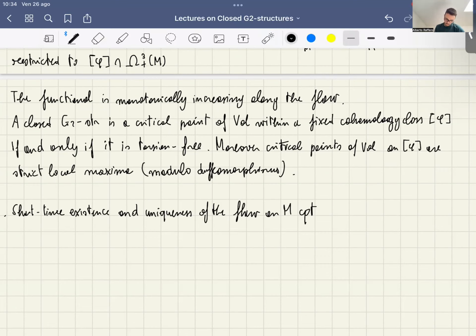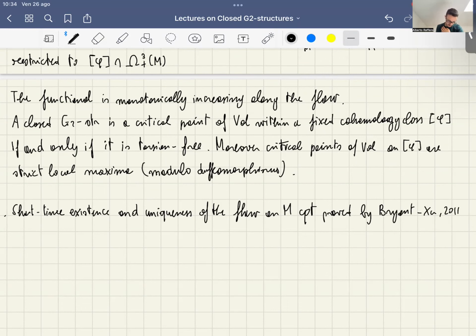So this result, the short-time existence and uniqueness, was proved by Bryant and Xu in a paper going back to 2011.